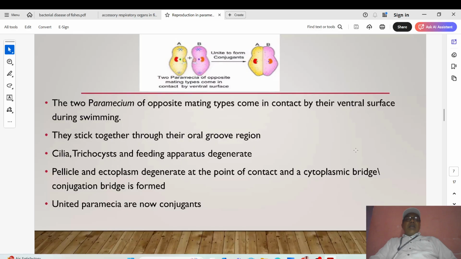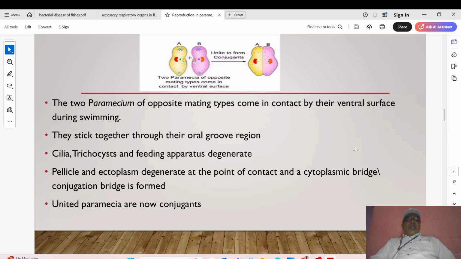The process is like that. From both partners, conjugant A and conjugant B, they stop feeding and give some signals to the other partner, and at a time they attach with their oral groove sites while continuously swimming.